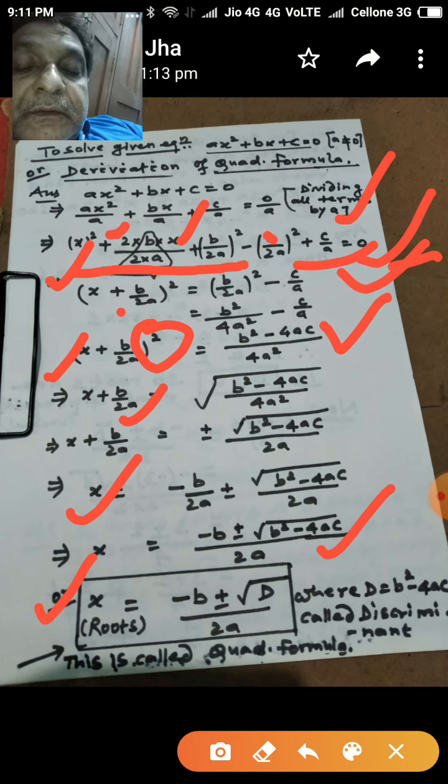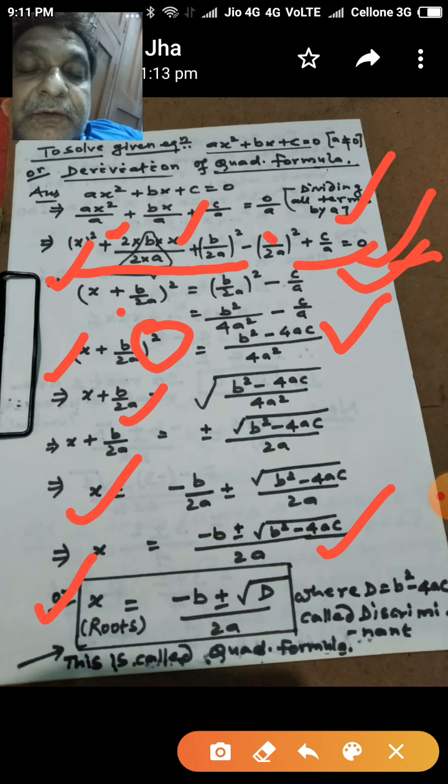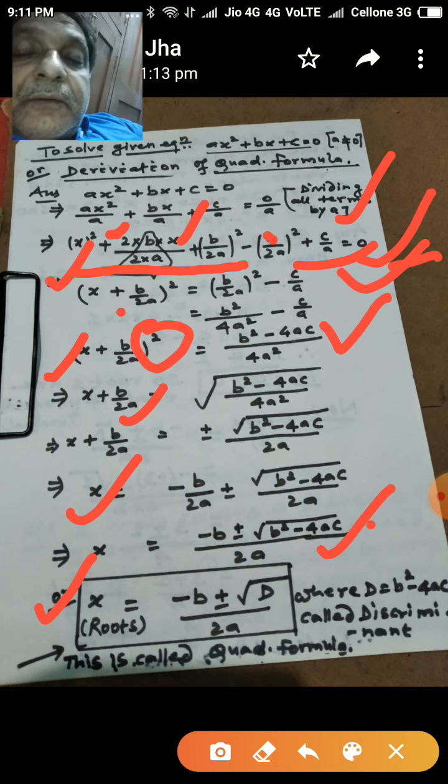Discriminant is a word whose meaning is one who decides something. So for this b square minus 4ac we have taken the symbol d. d is called discriminant because it will decide the nature of roots of the given quadratic equation.